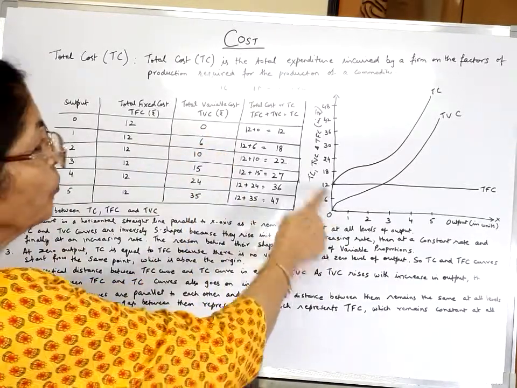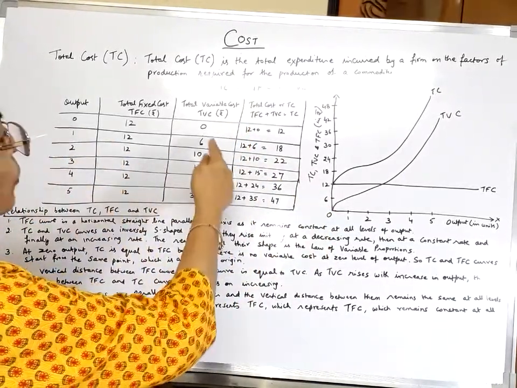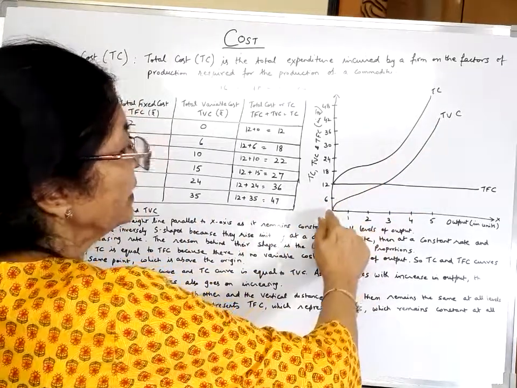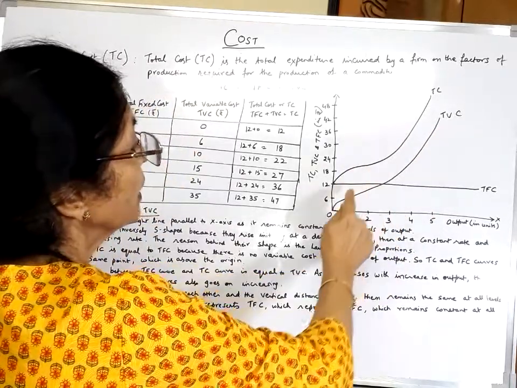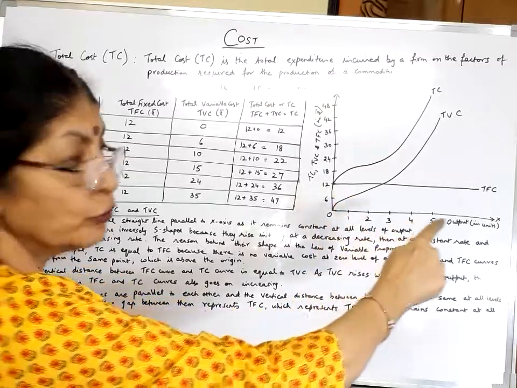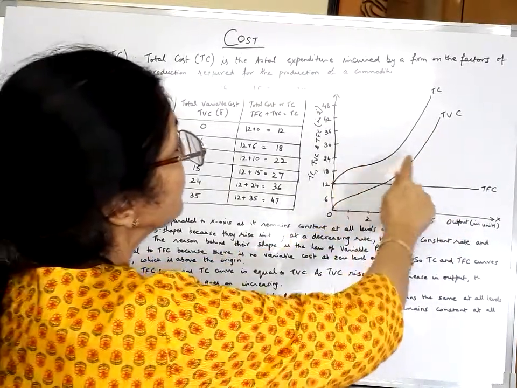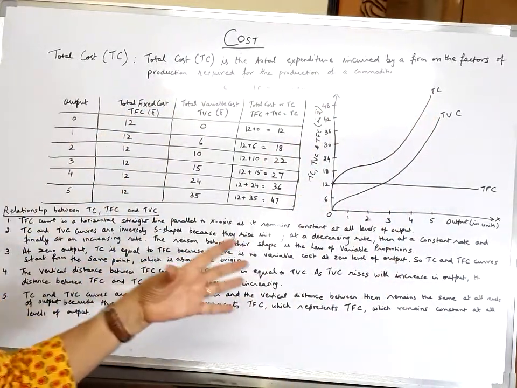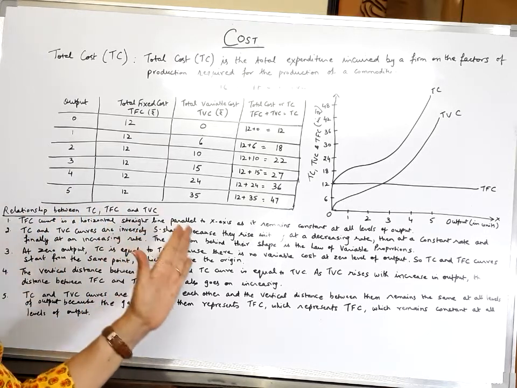For 0 unit of output, your total variable cost is 0, and as output goes up, total variable cost also tends to rise. But since we are starting from 0 unit of output, it will remain below your total cost. Your total cost curve is indicated by the summation of total fixed cost and total variable cost, and it is an inverse S-shaped curve.